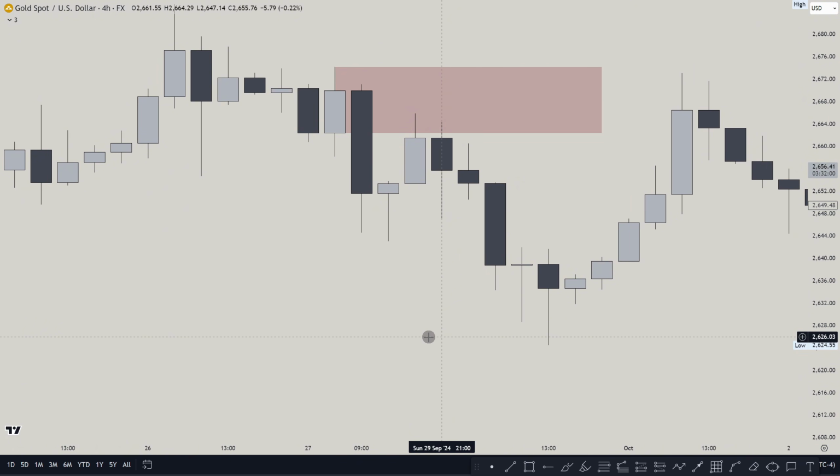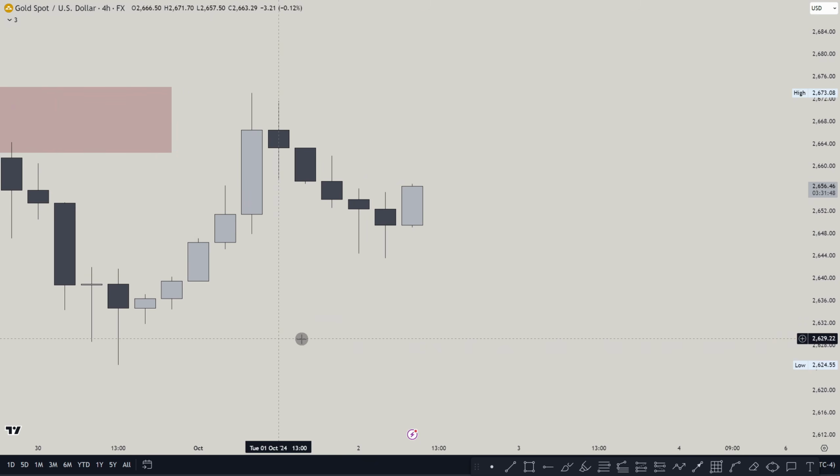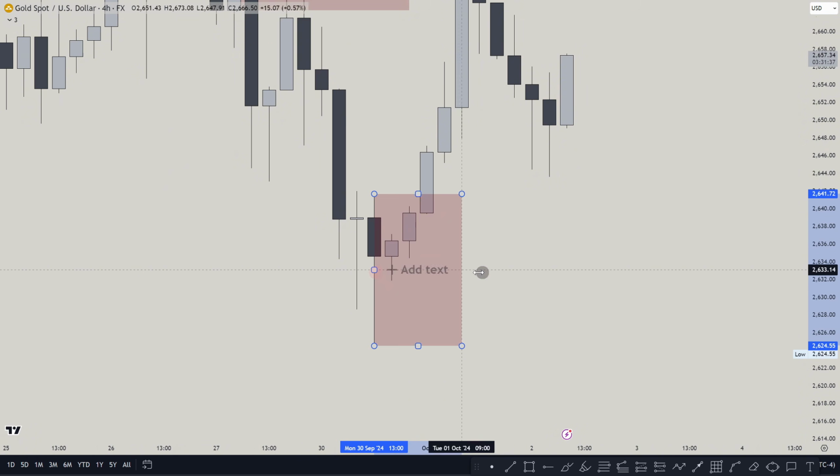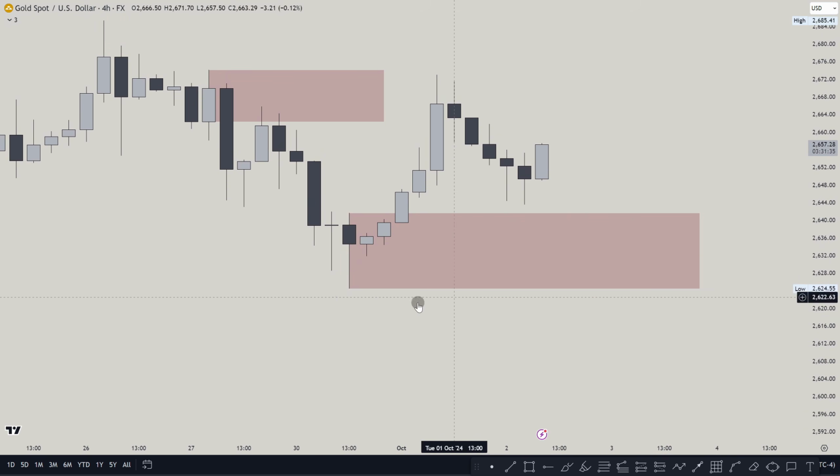Now, I want to repeat this again, but I don't want to keep repeating things. Just to make sure that you guys understand this, this is not the only way to look at order blocks. There are different order blocks. Actually, if you look at this one here, this candle was engulfed within 3 candles. You see 1, 2, 3. For me, it is still an order block, but we need to focus on something specific.